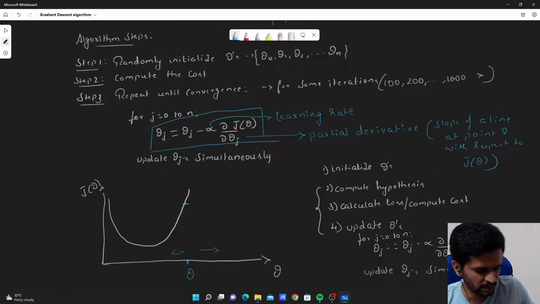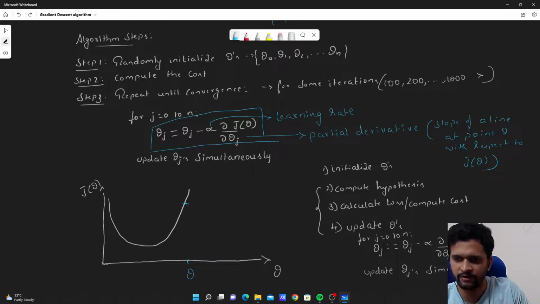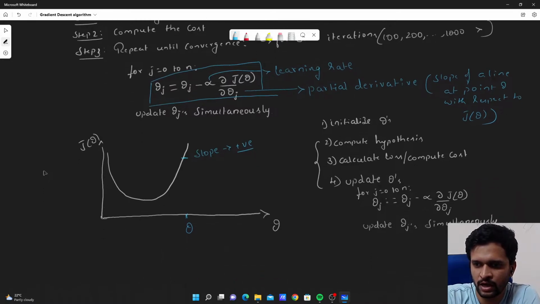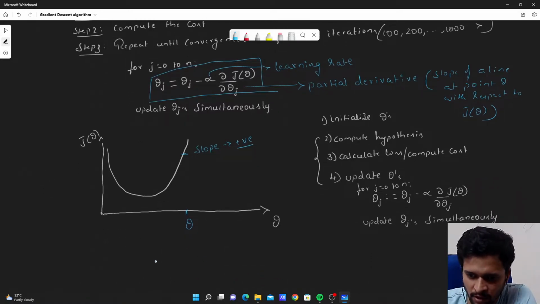Let me explain that clearly. If we calculate the slope of this curve at this point, the slope will be positive. Once you have the positive slope, theta j is equal to theta j minus alpha into some positive value, right? Because d by d theta of J theta will return the slope of that curve at that point.